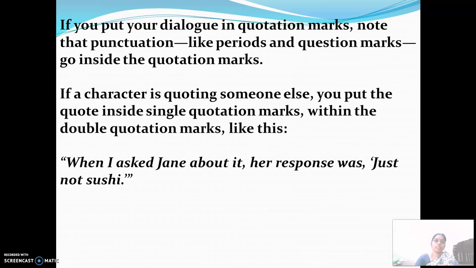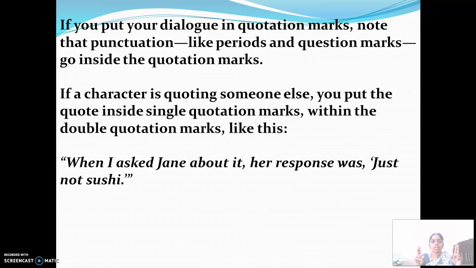So, we'll see. If you put your dialogue in quotation marks, note that punctuation is very, very important, right? Periods, that is full stops, and question marks go inside the quotation marks. So within the double quotation, you have to include full stop, question mark, exclamation, whatever punctuation marks you are including, everything has to be included within the double quotation marks, right?